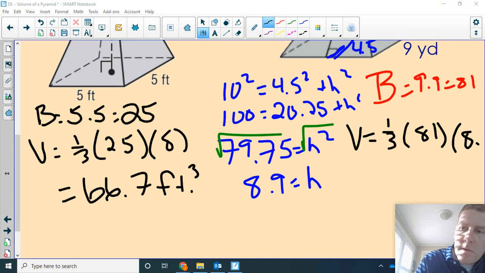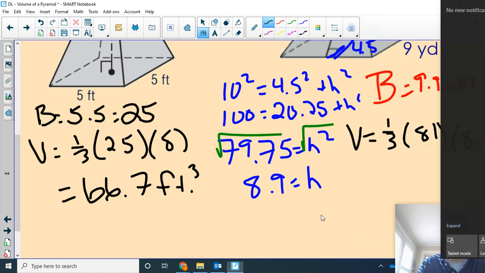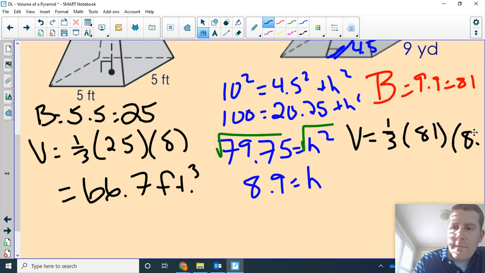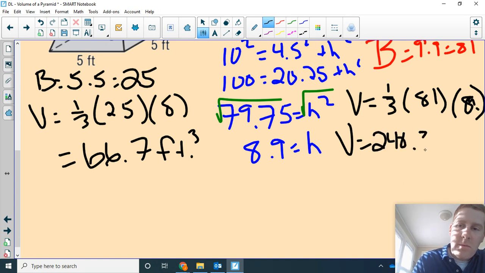Ooh, I'm out of room. Oh no. Jeez. We'll pretend there's a 9 there, right? 8.9. Good enough. So 1/3 times 81 times 8.9 is going to give us, again rounded, a volume of 240.3 yards cubed.